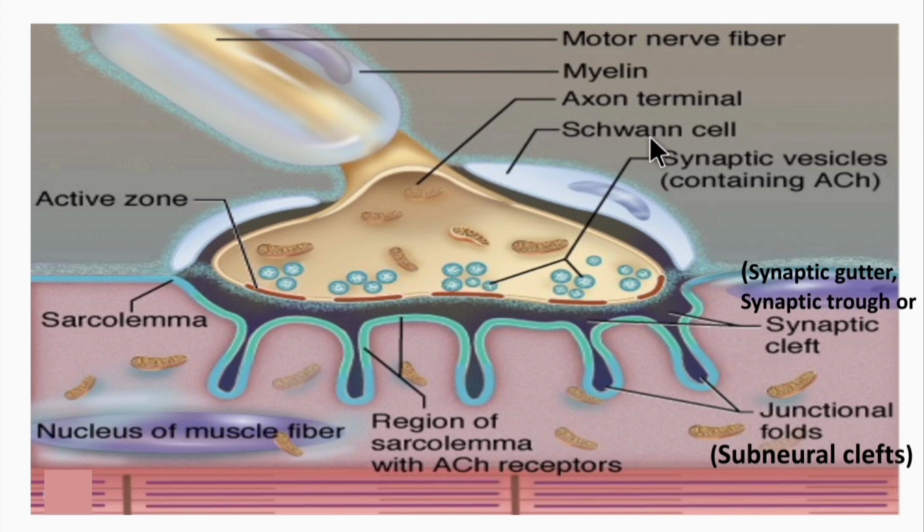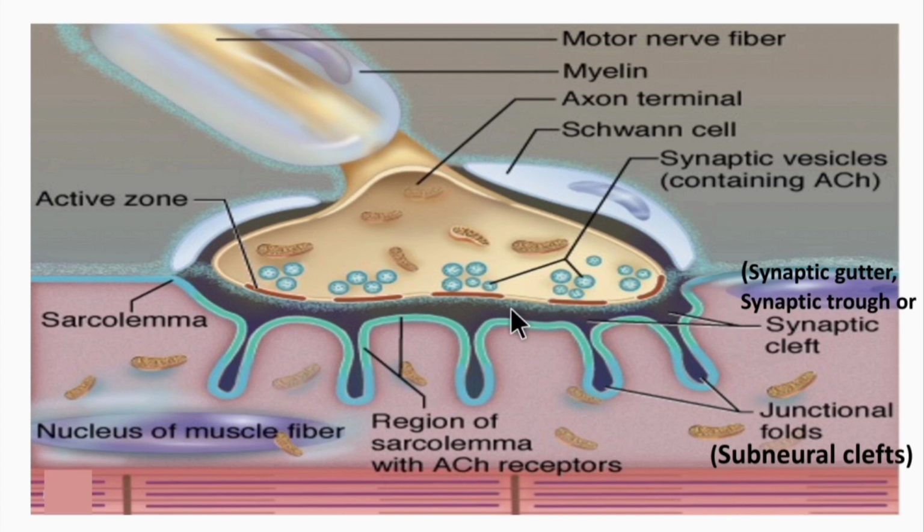This is the Schwann cell, which insulates this structure from the surrounding, and then this is the sarcolemma, which is thrown into folds in this region of specialized synapse. These folds are called junctional folds or subneural clefts. These are the same, junctional folds or subneural clefts.